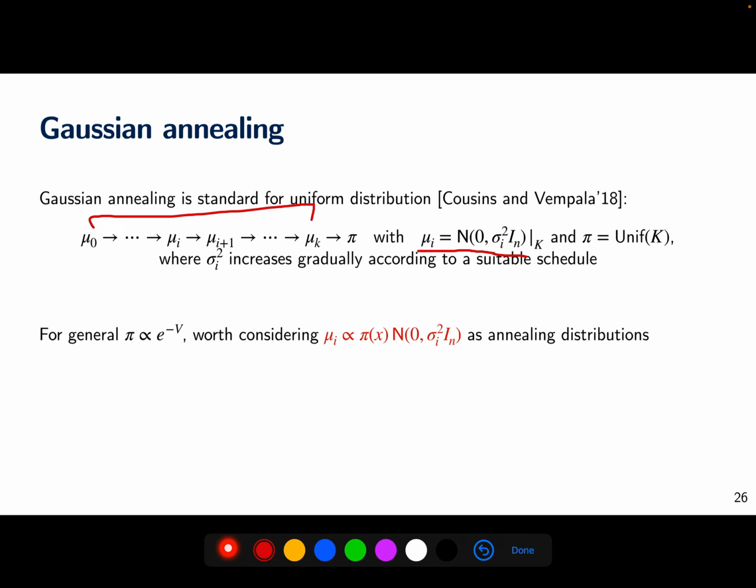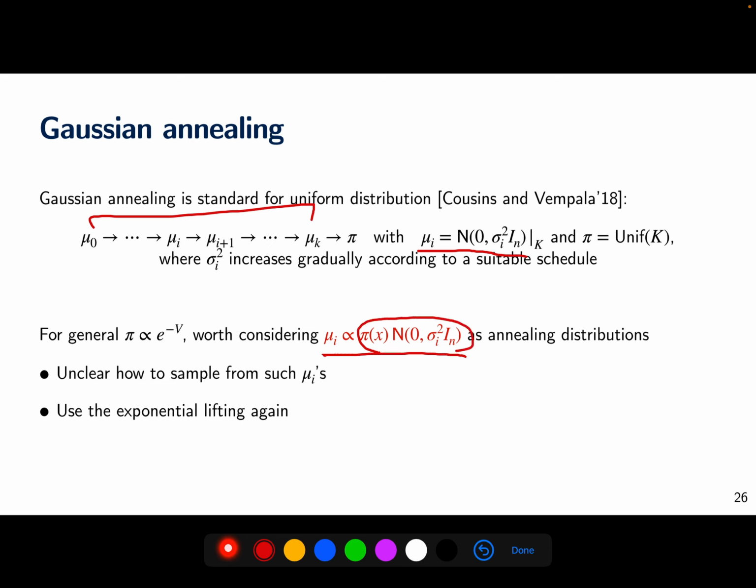So yeah, and motivated by this approach, for a general log-concave distribution you might think it is worth considering this annealing distribution where you simply multiply phi by some Gaussian. But once again, we don't know how to sample from this multiplied distribution. So once again, we take the exponential lifting approach by replacing v by some nt and then truncating it to some K, right?